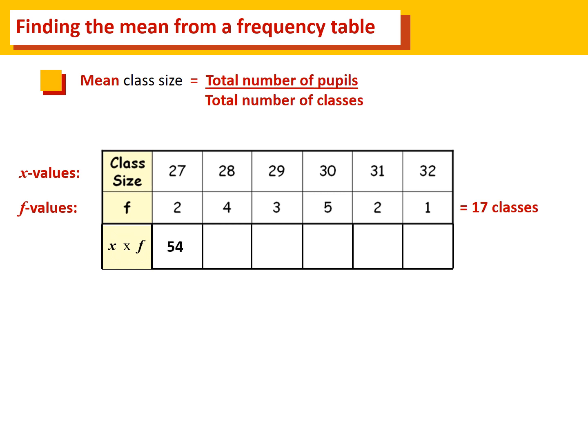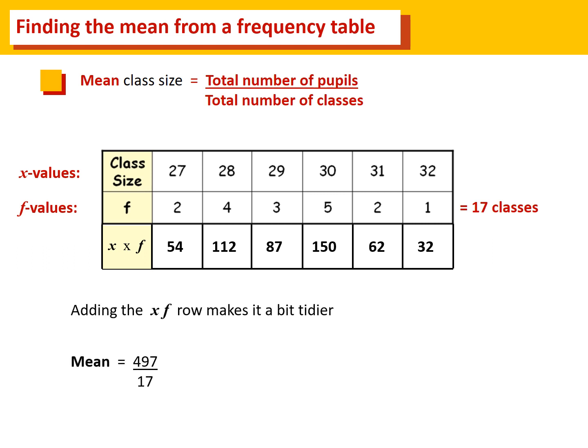So that's 2 times 27, 4 times 28, etc. Working through, multiplying the corresponding values, totaling that up, and now finding the mean. It's exactly the same method, just a little bit tidier by putting it into the table. So that's finding the mean from a frequency table.